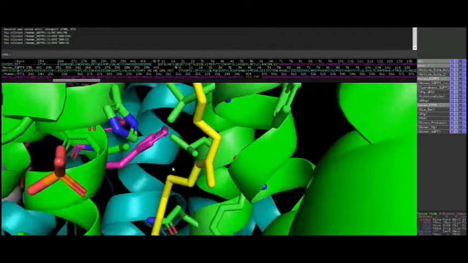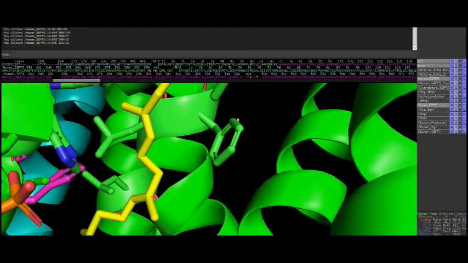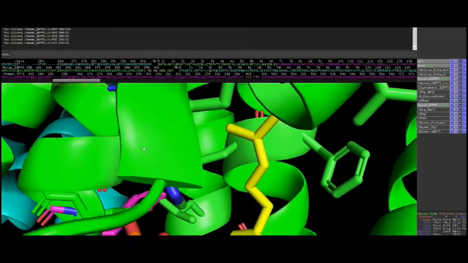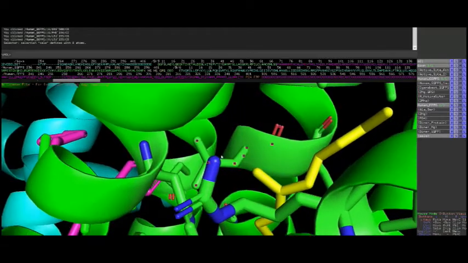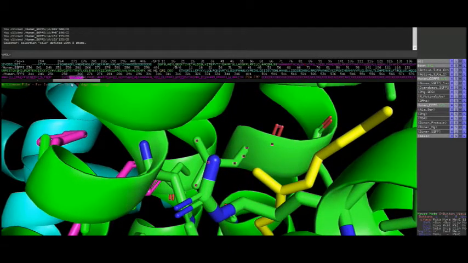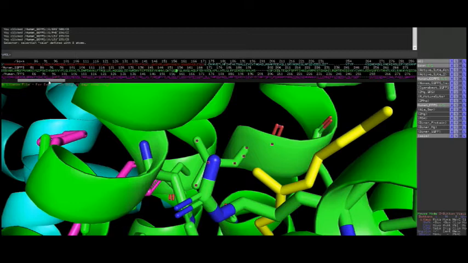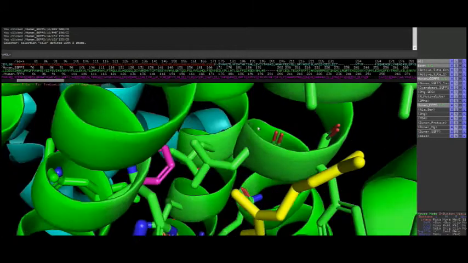And so we can see things like this phenylalanine here, this leucine here. I think that's a leucine. Yeah, that's a leucine.